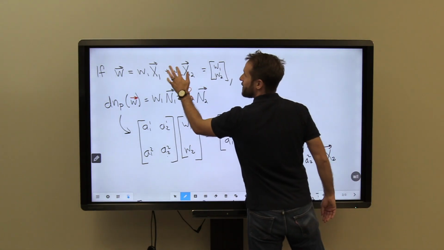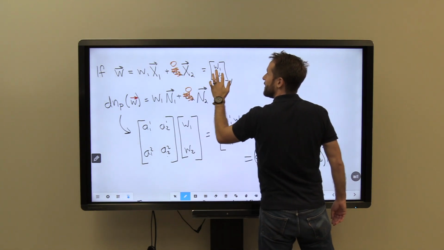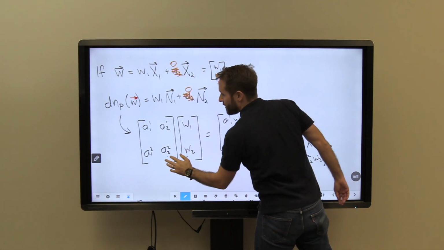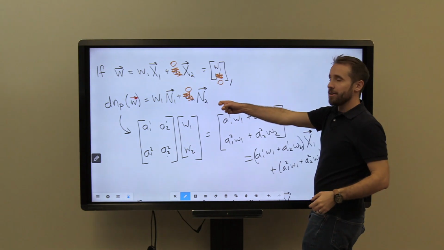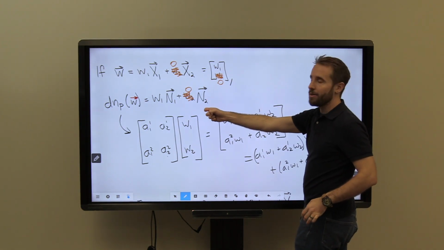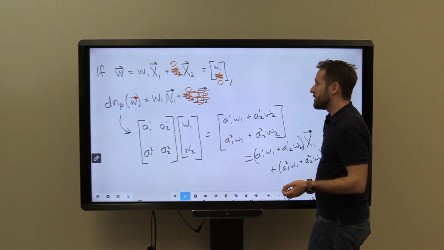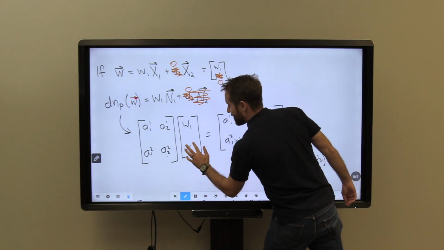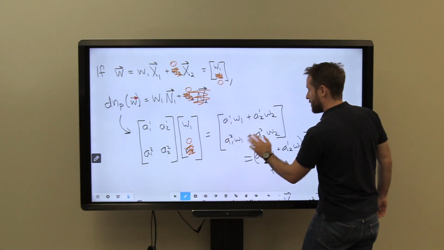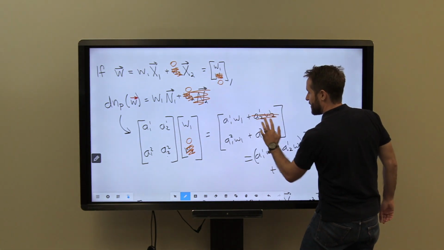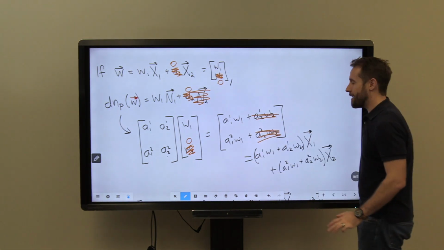Well, up here, if w2 is equal to 0, that means I'm plugging in this vector. My output down here would just become w1 n1, because 0 times n2 is just 0. And so as a result, down here w2 is 0, so each of these terms gets knocked out.